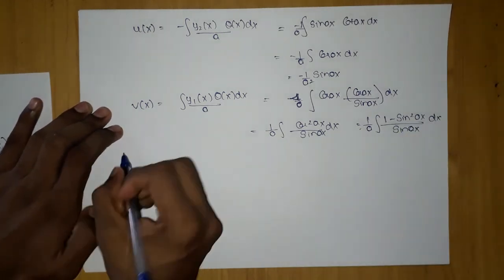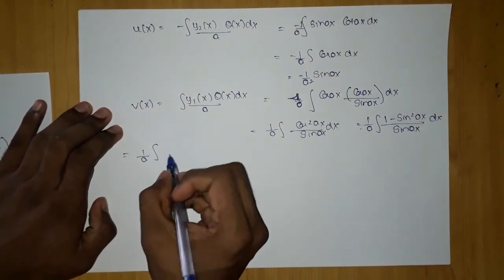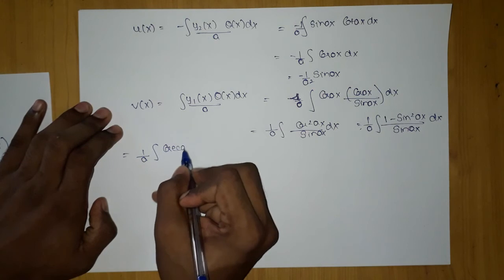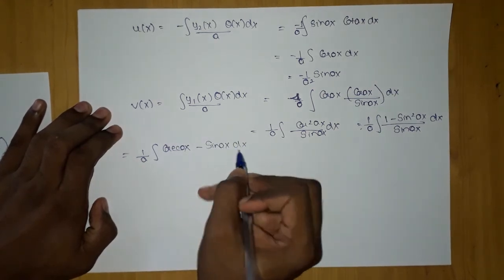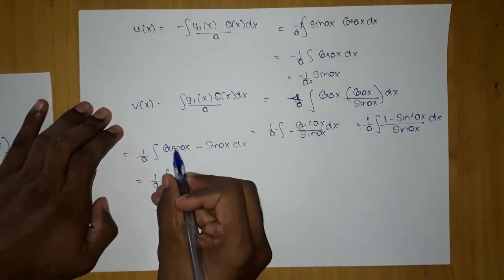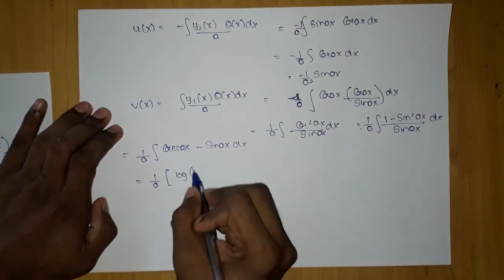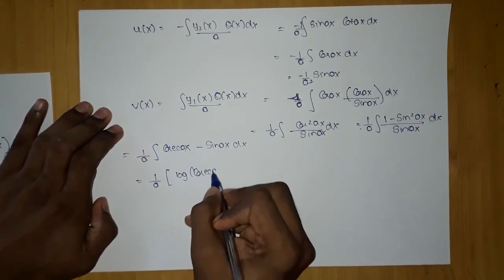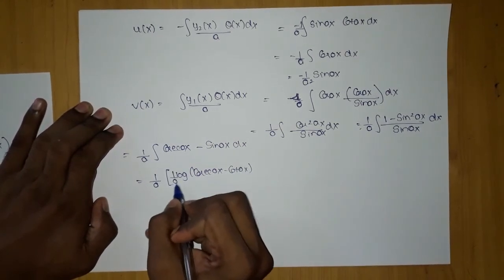If I distribute this denominator, we are left with 1 by a integral of 1 by sin ax, which is cosec ax, minus sin ax into dx. If you integrate these separately, you are going to get log of cosec ax minus cot ax, times 1 by a.